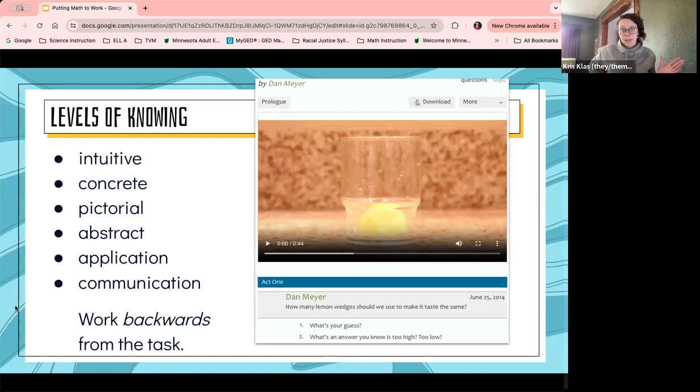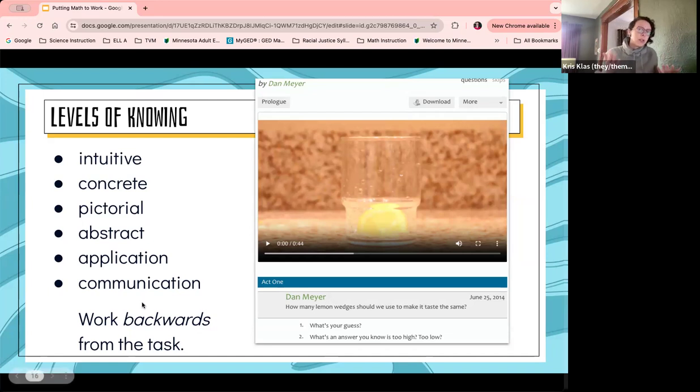And then he asks, what if I wanted to make this other size that tastes the same, but it's a larger amount? So the students have to scale up. And so we watched him do it. We watched how many lemon wedges were going in, how much sugar, how much water was going in. And the nice thing about this Dan Meyer lesson is that it also comes with all these questions for students to think about, to again scaffold their thinking about how they're figuring that out.